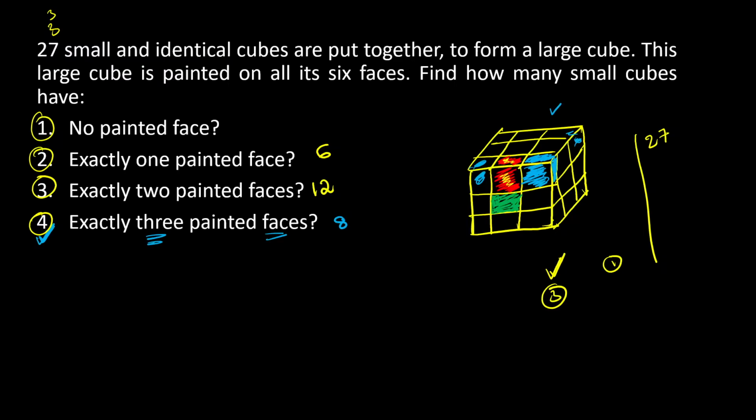Among these 4 possibilities, we are done with these 3 earlier. So except these cubes which we counted till now, all the remaining cubes which are hidden will be no face painted. Total number of cubes given 27, among which 26 cubes are painted somehow, which means that we are left with only one cube that cannot be painted. So my answer will be 1. No face painted, our answer will be 1.